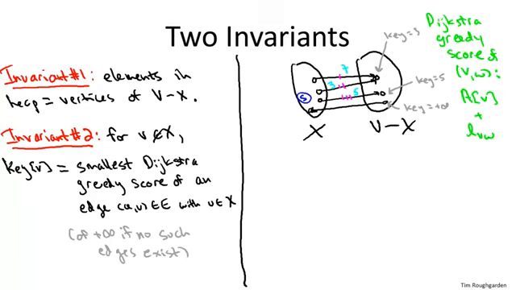Now, when we use the heap, we're factoring it into two rounds. So first, each vertex in V minus X runs a local tournament to elect a local winner. Each of these vertices in V minus X says, well, let me look at all of the edges for whom I'm the head, and also the tail of that edge is in X. And amongst all of those edges that start in X and terminate at me, I'm going to remember the best of those.